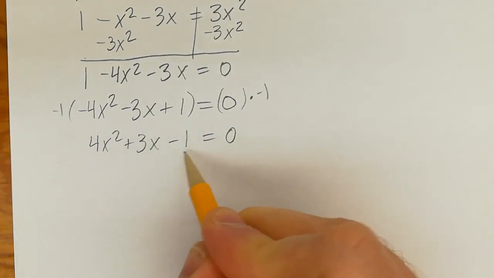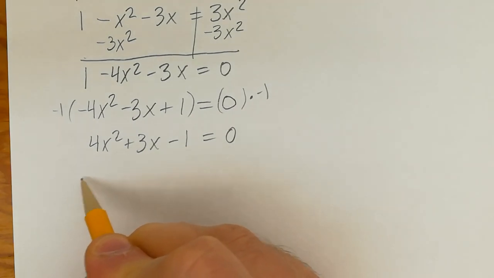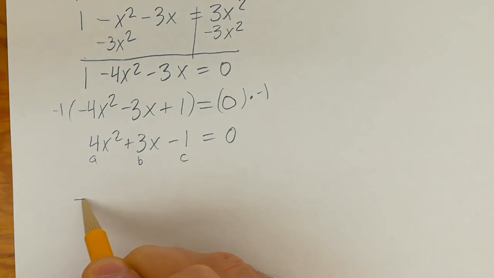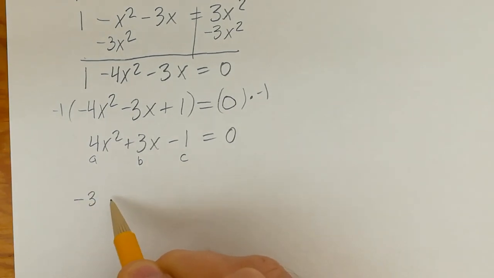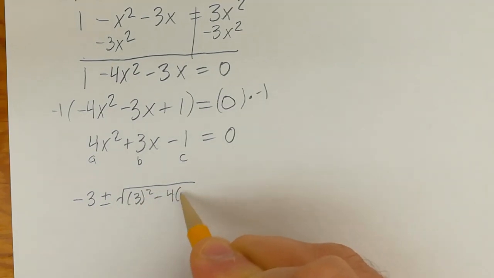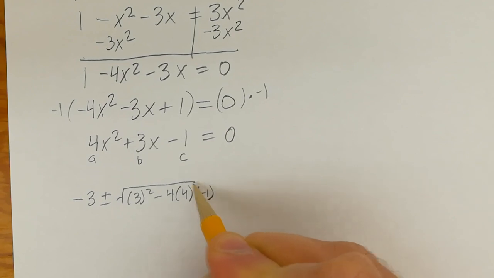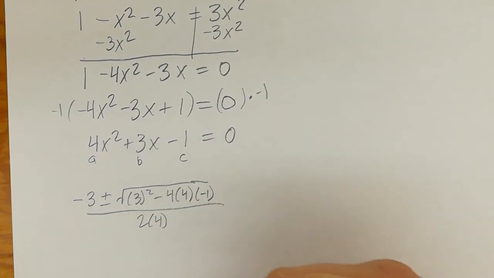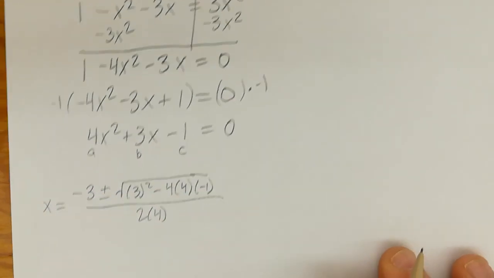All right, so we have, that's a, that's b, that's c. So we have negative b plus or minus square root b squared minus 4 times a times c all over 2 times a. That's what x will equal there.